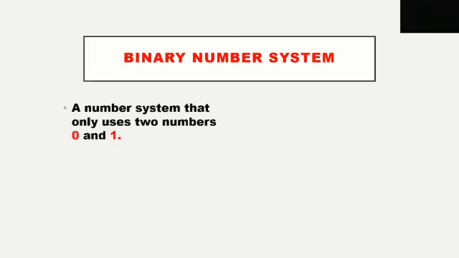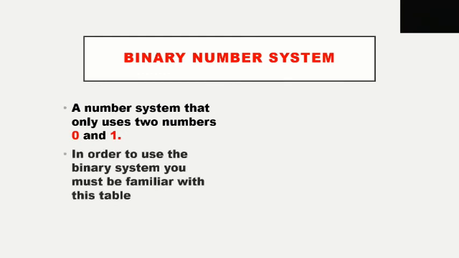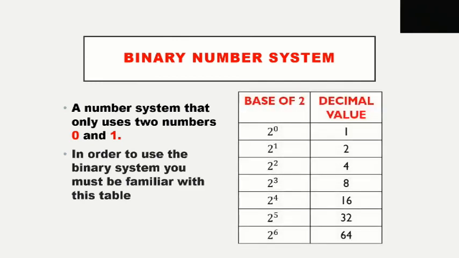Lastly, we have the binary number system, a number system that only uses two numbers, 0 and 1. In order to use the binary system, you must be familiar with this table. It uses a base of 2, meaning there are two numbers being used.